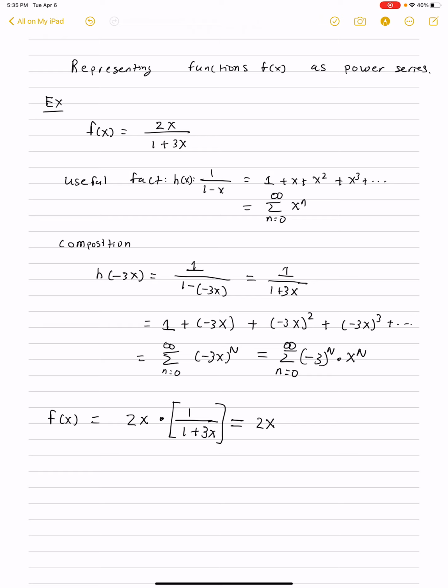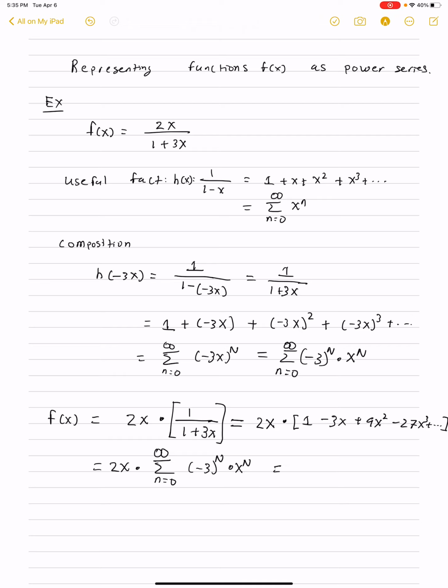So I can write it as 2x multiplied by 1 minus 3x plus 9x squared minus 27x cubed, and so on. I can also write that as 2x multiplied by the summation from n equals 0 to infinity of minus 3 to the n multiplied by x to the n.